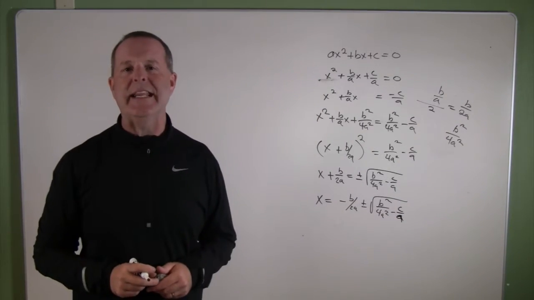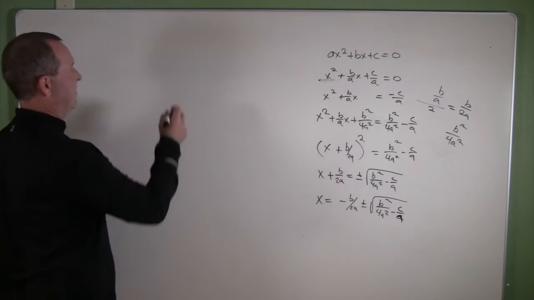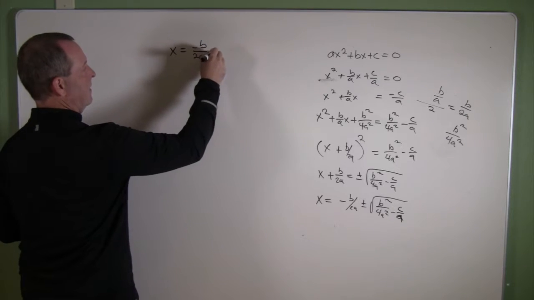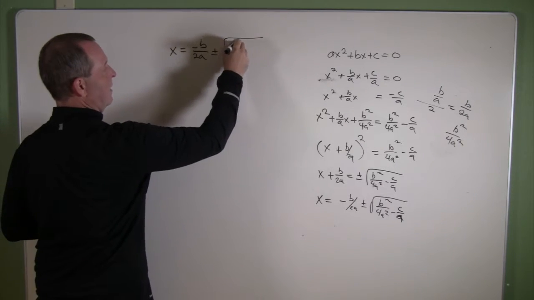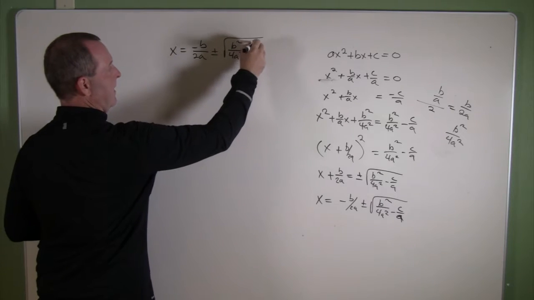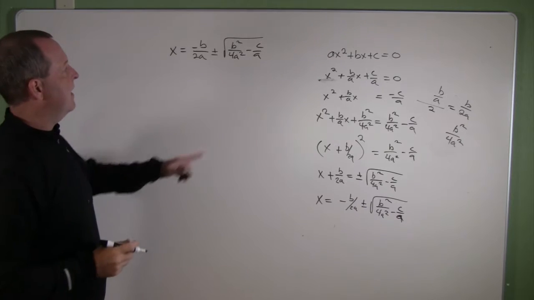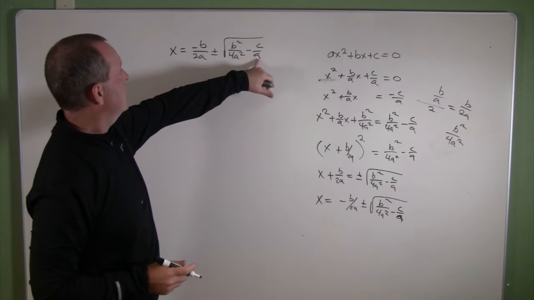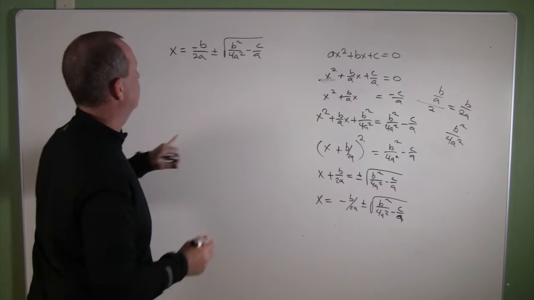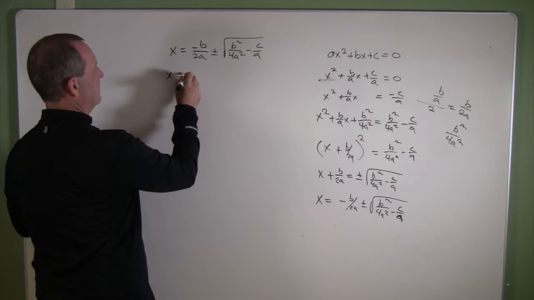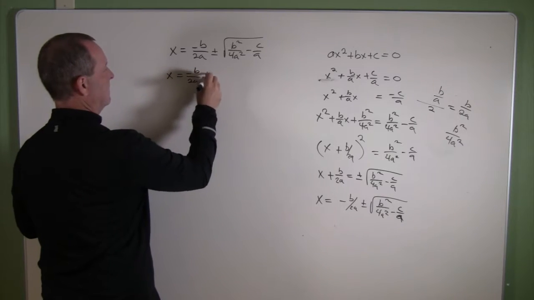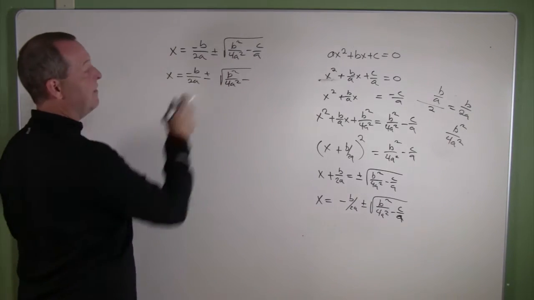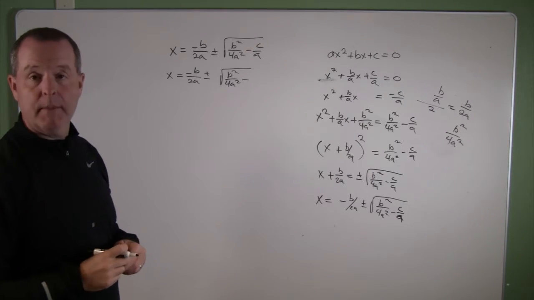And now it's just a matter of cleaning things up a little bit. So let's clean them up a little bit. Let's start again. I have x equals minus b over 2a plus or minus the square root of b squared over 4a squared minus c over a. To clean that up right here, let's go ahead and multiply this one here by 4a, because I can add those two fractions if I have common denominators.